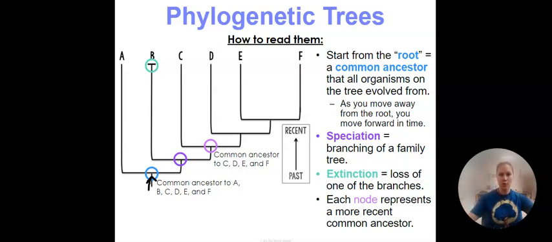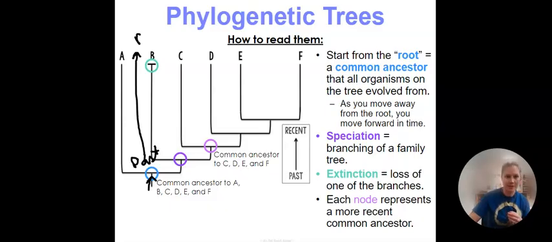As you move away from the root, you start to move forward in time, from past to present. When you have a speciation event, that's where you see a branch in the family. Oh my gosh, guys, it's written right here, past to recent. The key was included.